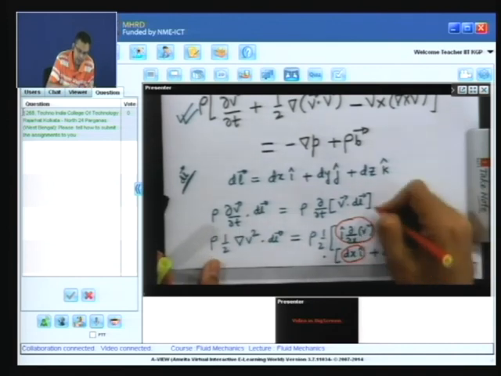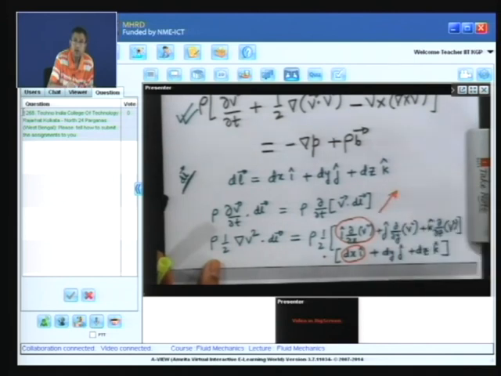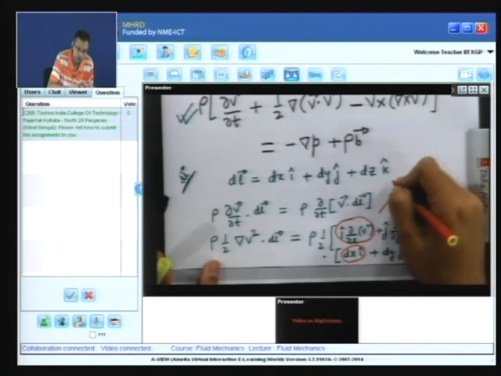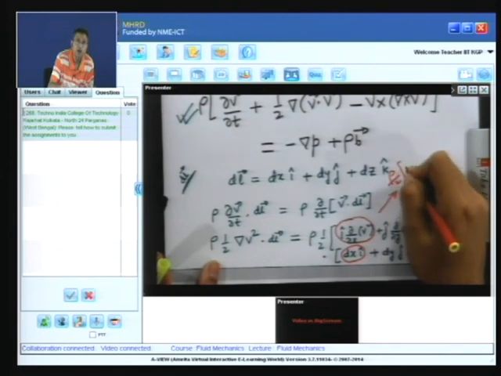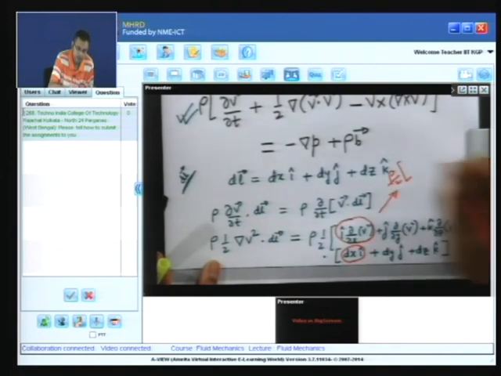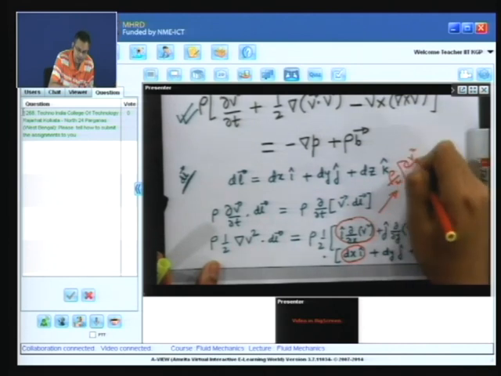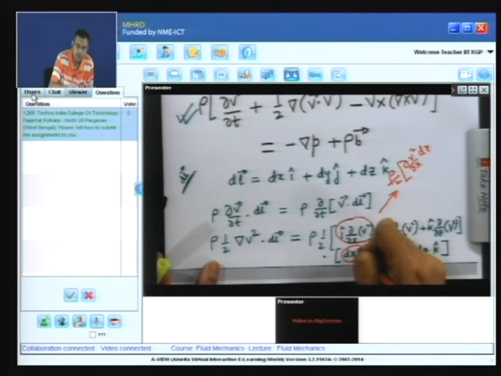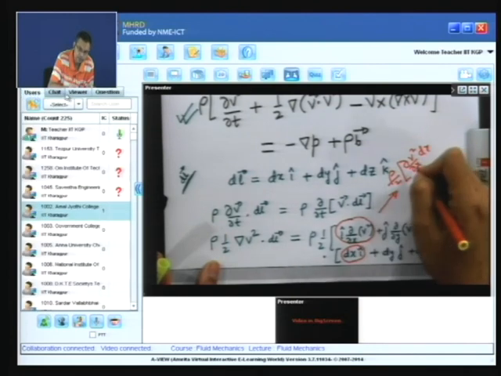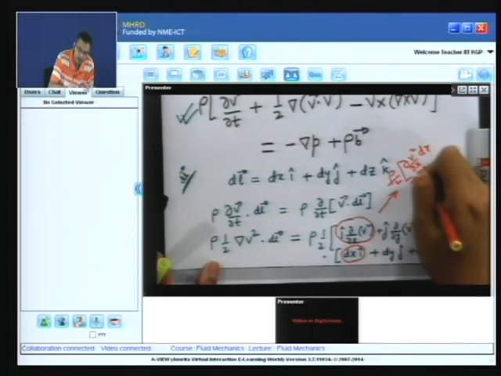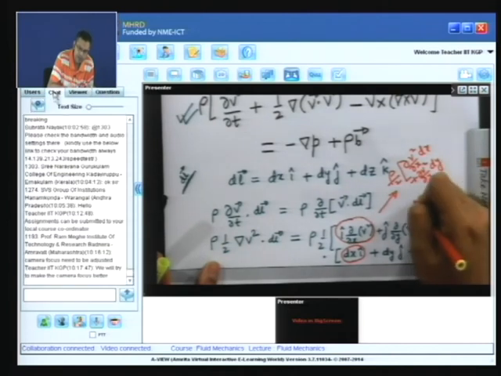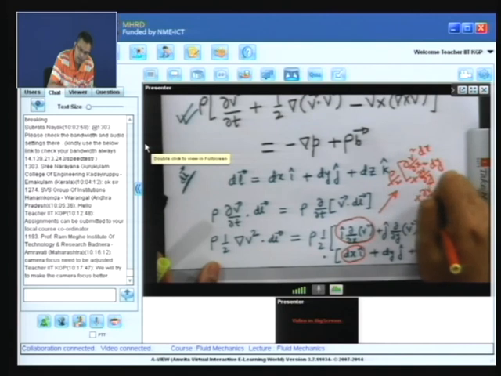if we write this simplification here just for the sake of completeness, rho by 2, del v square del x into dx, these two dot product, del v square del x into dx plus del v square del y into dy plus del v square del z into dz.